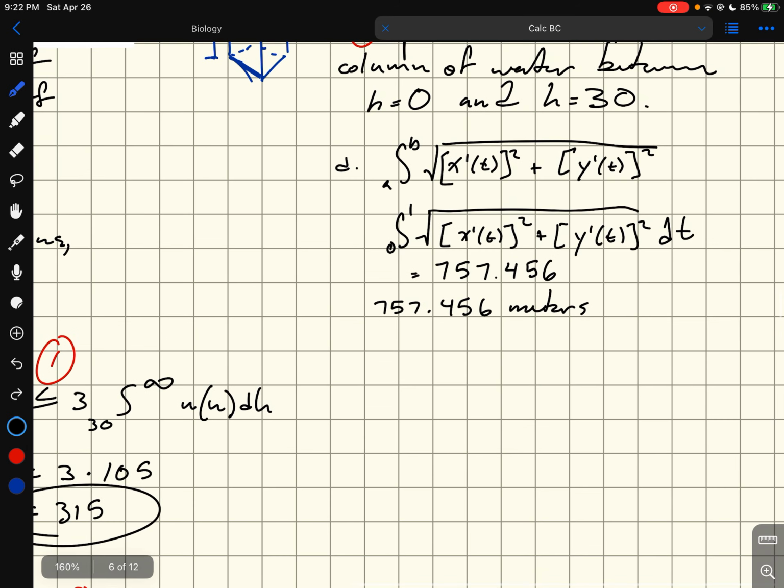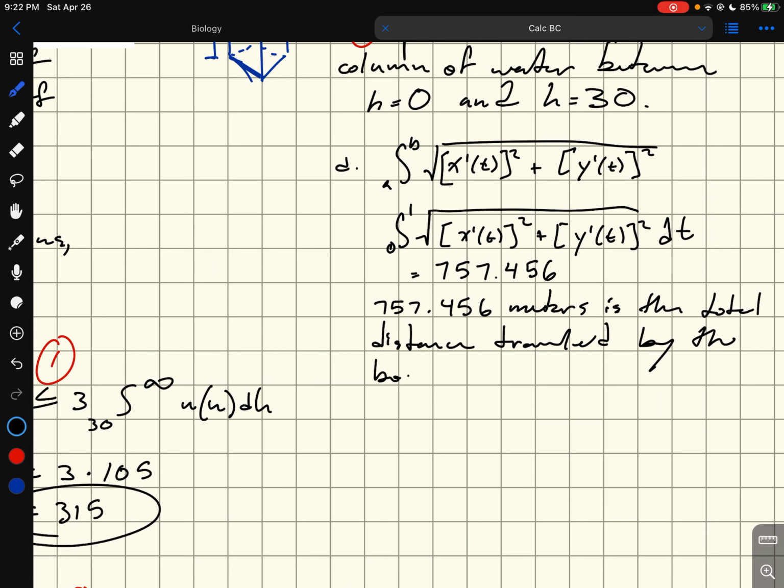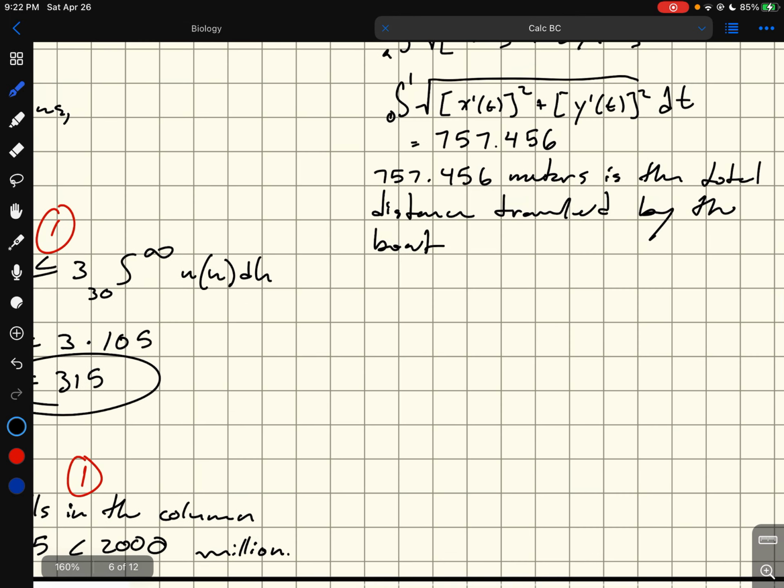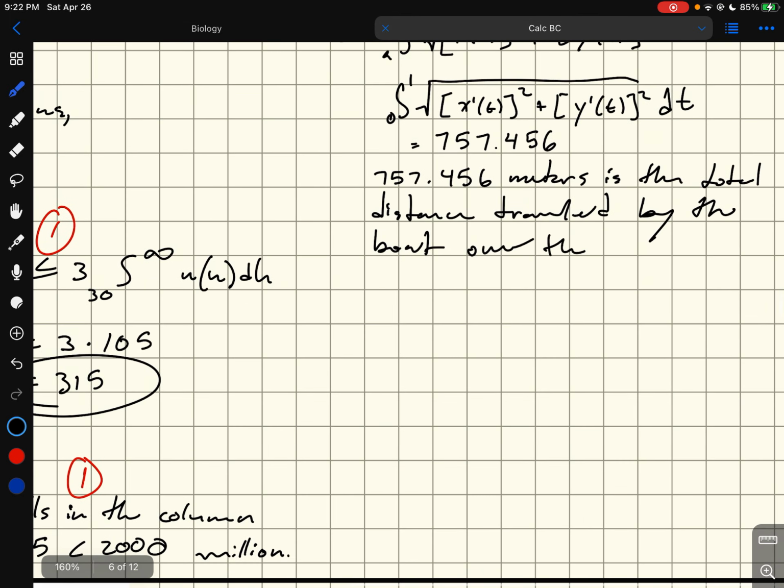And this is the total distance traveled by the boat over the time interval 0 less than t less than 1.